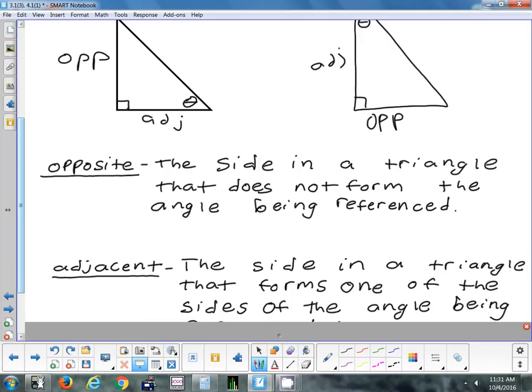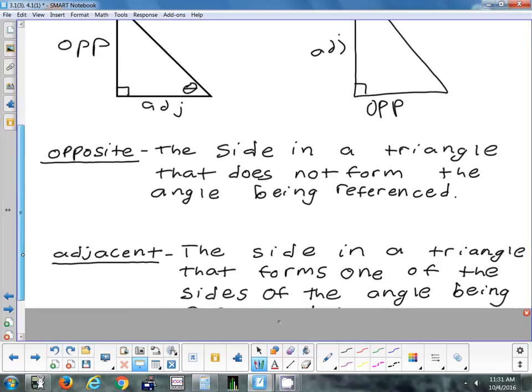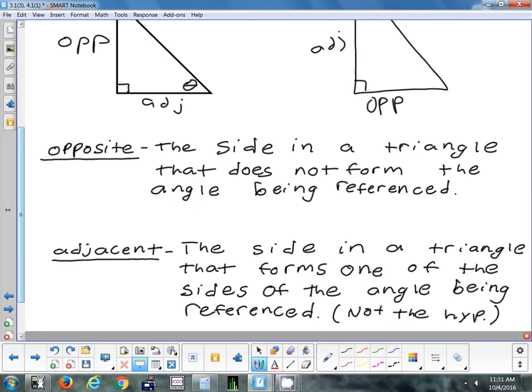Adjacent is the side in the triangle that, if you took it away, you'd wipe out your angle. If I got rid of this bottom side, I wouldn't have an angle right there anymore. So adjacent is the side in a triangle that forms one of the sides of the angle being referenced, and it's the side that's not the hypotenuse.